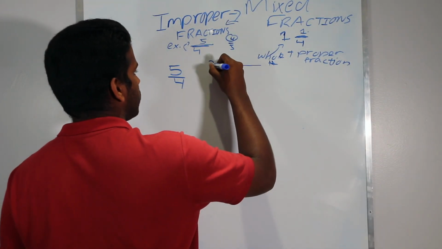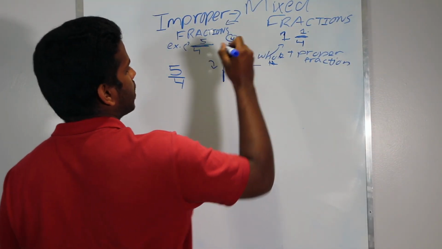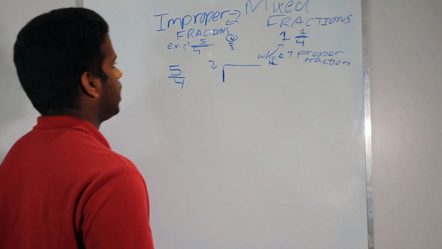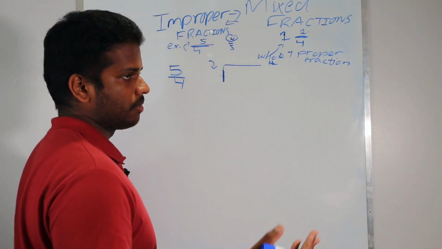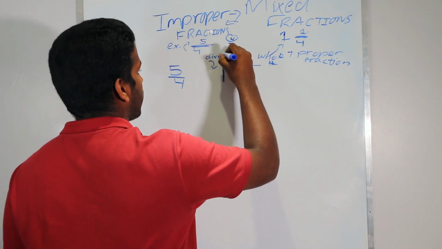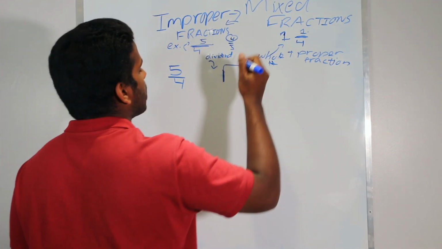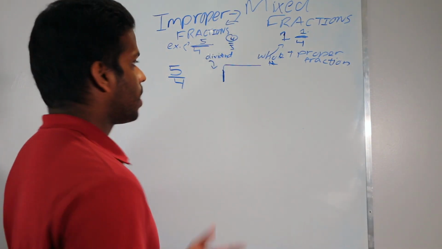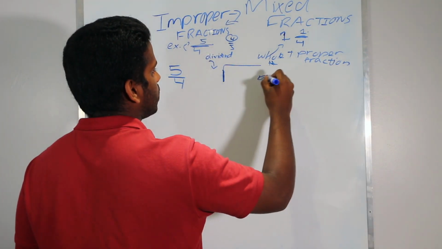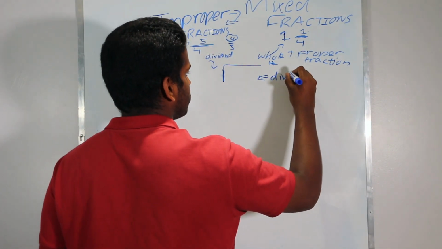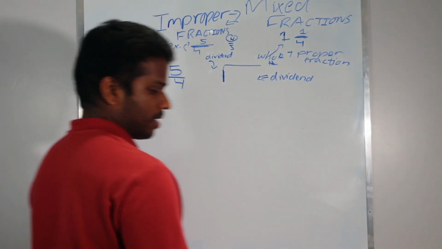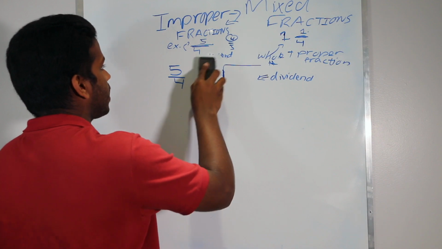What goes here? Here would be the quotient. The quotient is the result of a division problem. Here would be the dividend, the number that you are trying to divide.